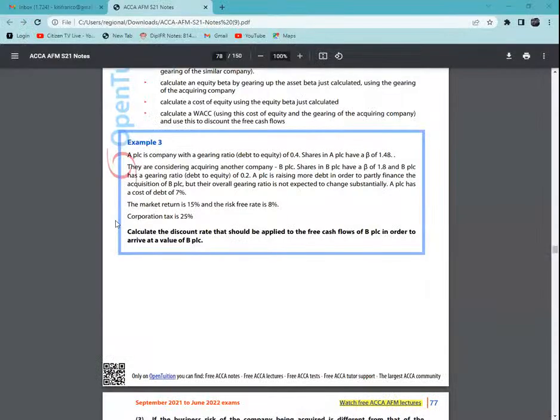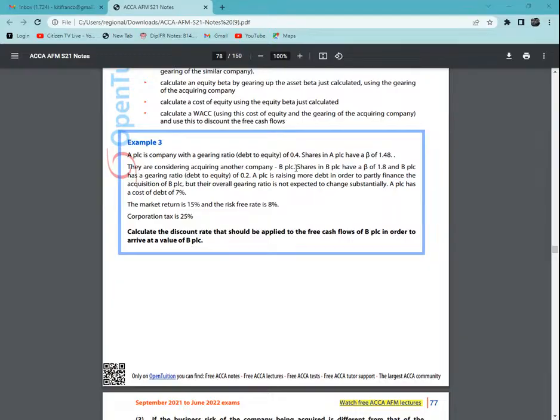Beta of this company is 1.8. Then I need to ask myself, is this new business levered or unlevered? You look at the capital structure given. I can see debt and equity in it, so it's a levered firm.